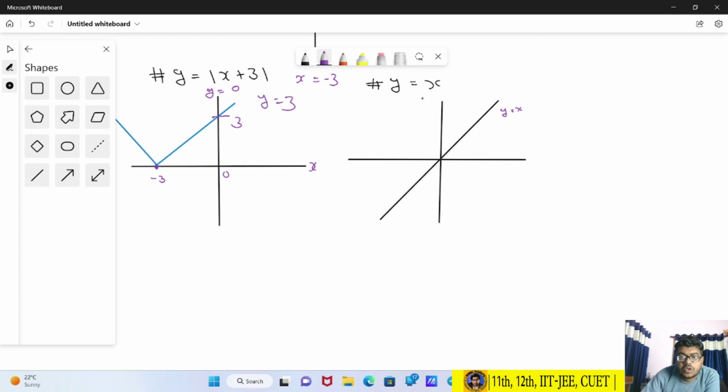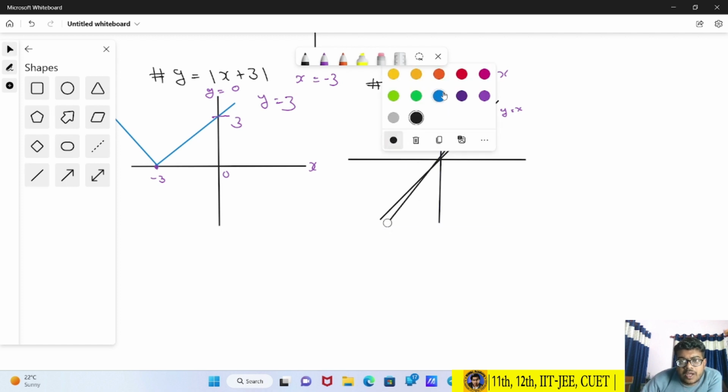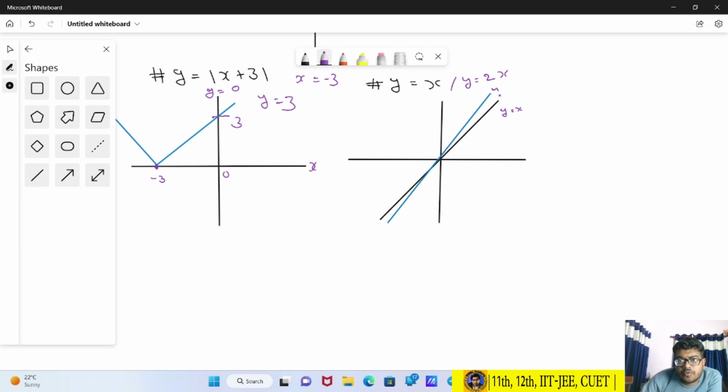Now if we draw y is equal to 2x, it goes above.